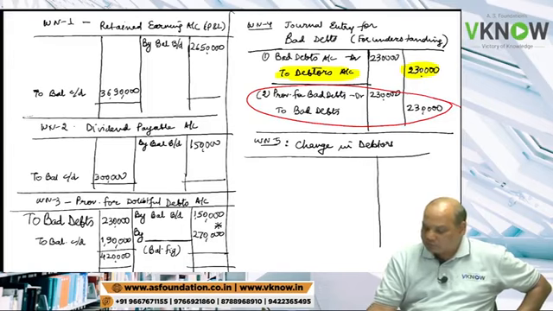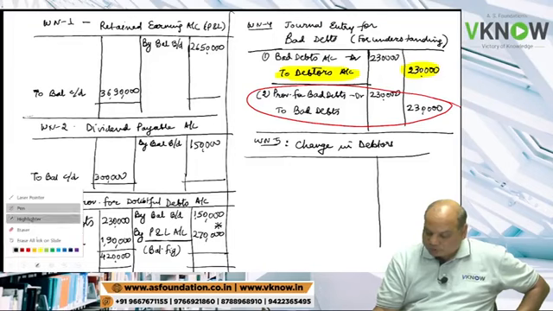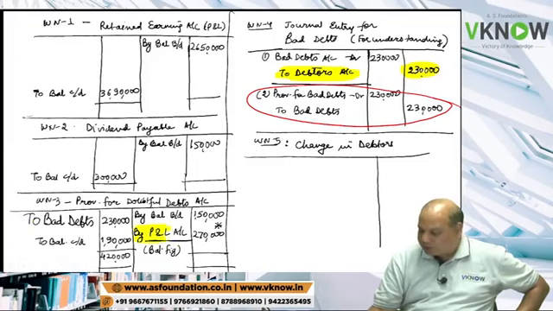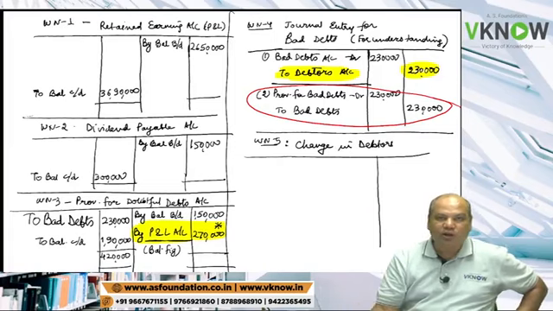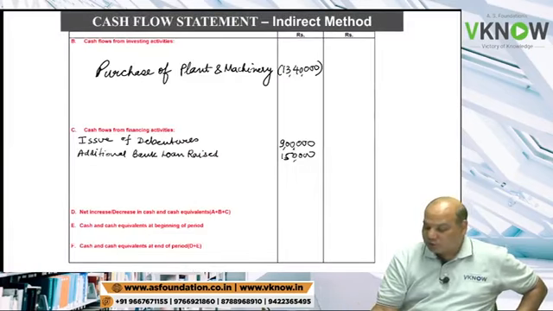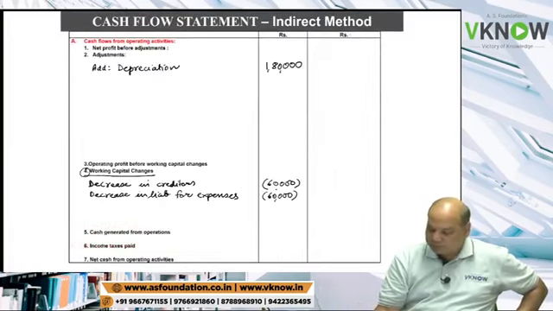You will call it by profit and loss account. 2,70,000 by P&L account. It can't be by bank. It is provision for doubtful debt. So this is a non-cash item which is debited to P&L account. So what I will do, in operating activity, we will add back.